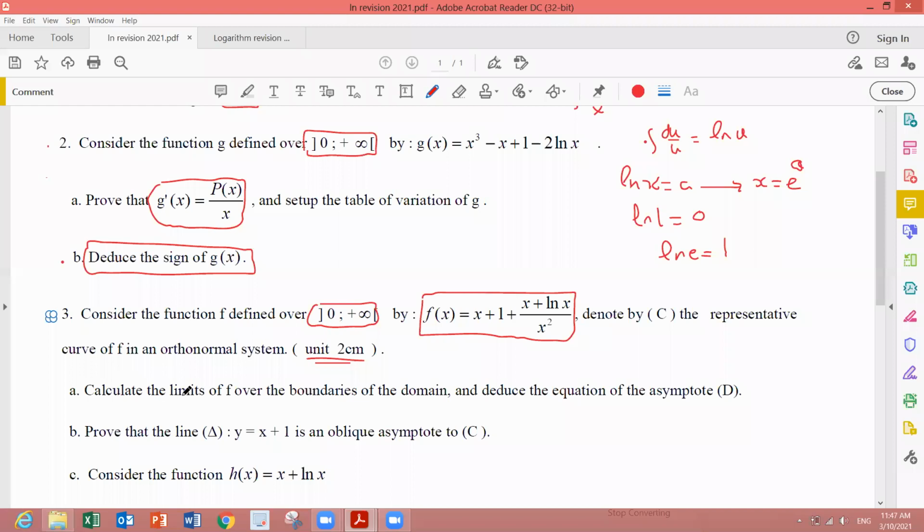Part A, calculate the limits of f over the boundaries of the domain. Deduce the equation of the asymptote.